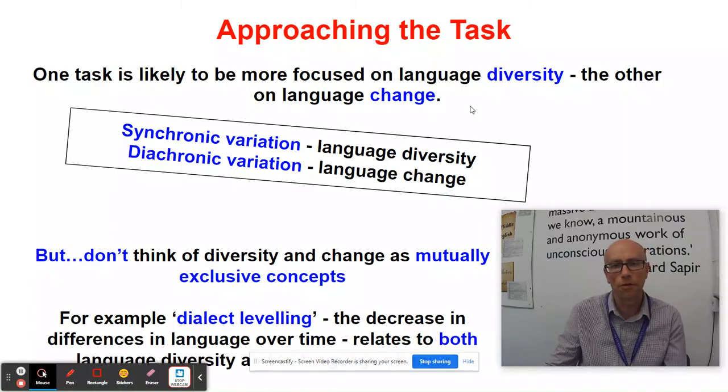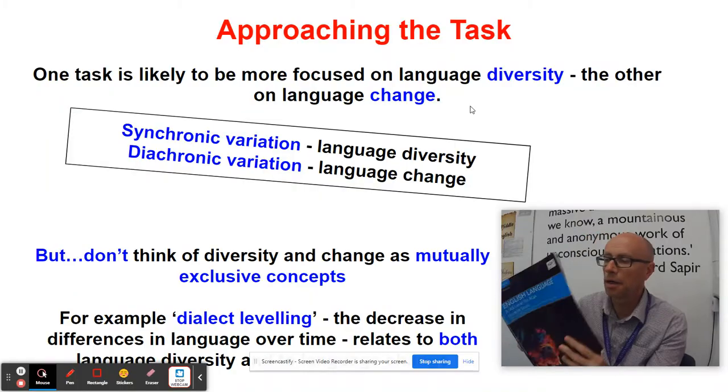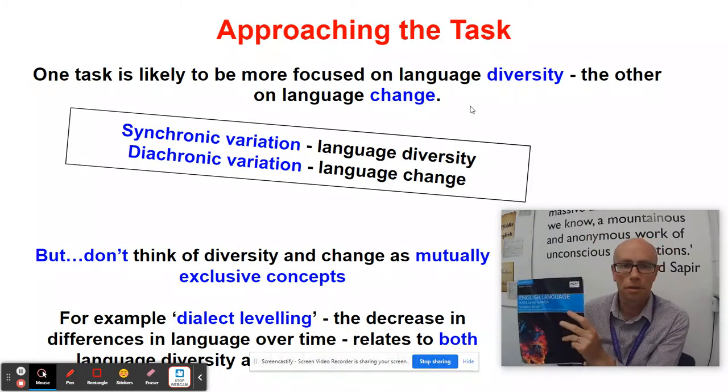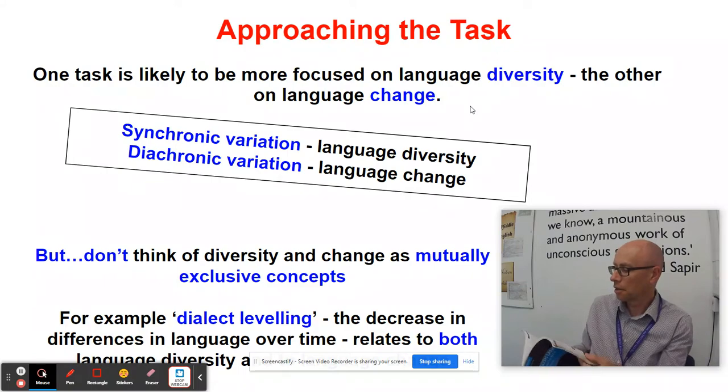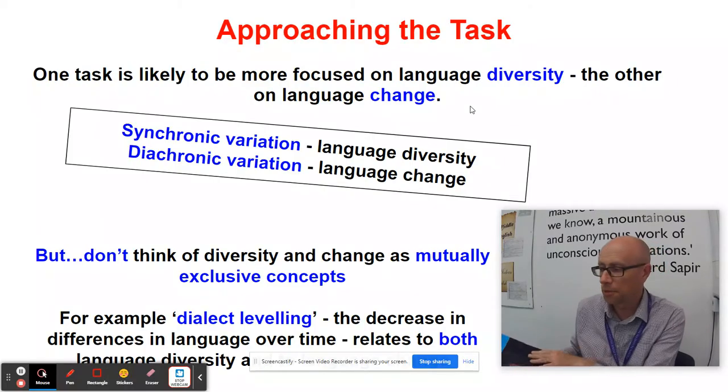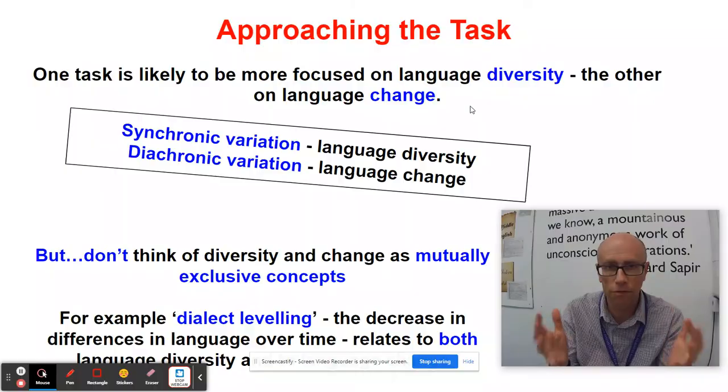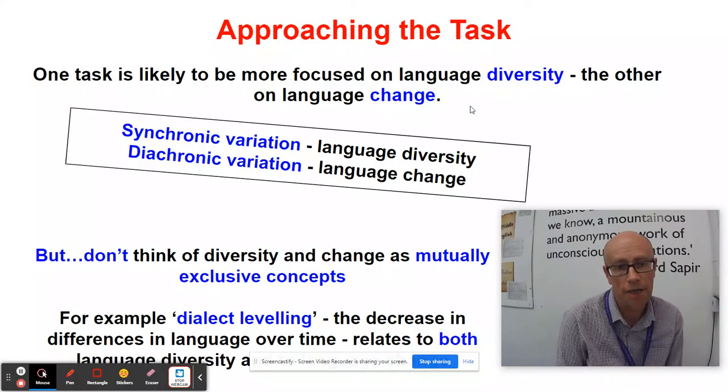But don't think of the two of those things as being mutually exclusive concepts. No, no, no. They are interlinked. So don't just think, and I'm looking here at my AQA textbook, don't just think, right, well, one of the questions is only going to be about stuff in the language diversity chapter, and the other one is only going to be relevant for the stuff in the language change chapter, because as you can see in this video, they are very much interconnected.